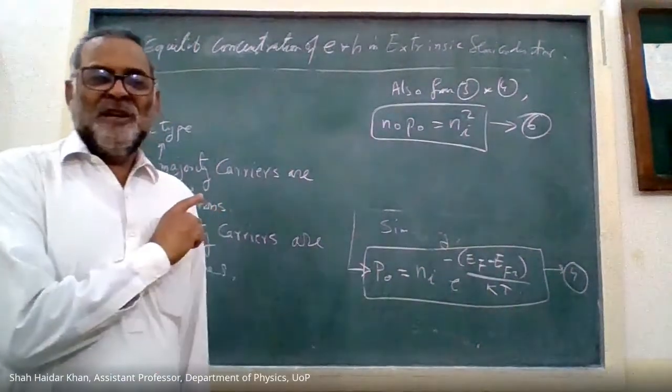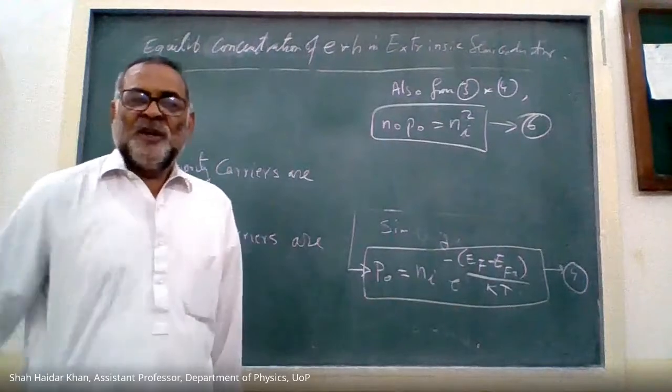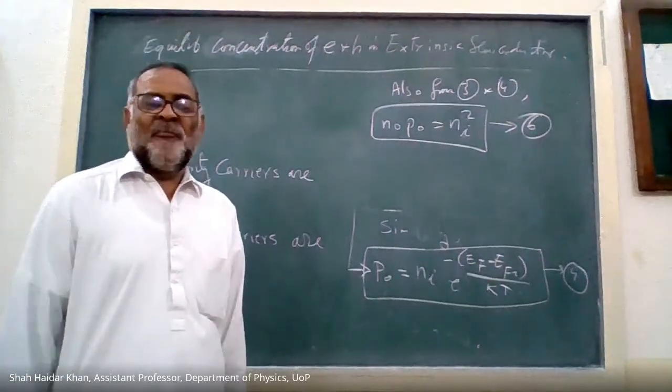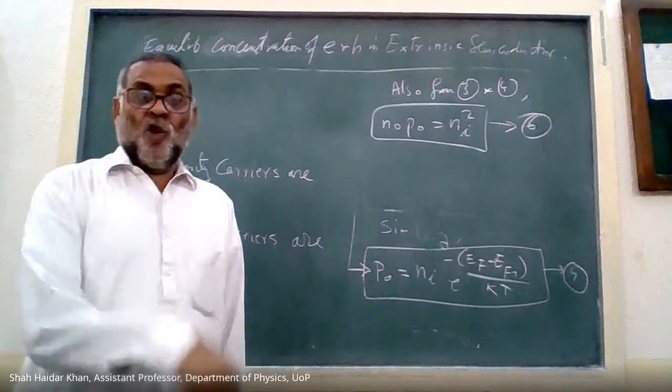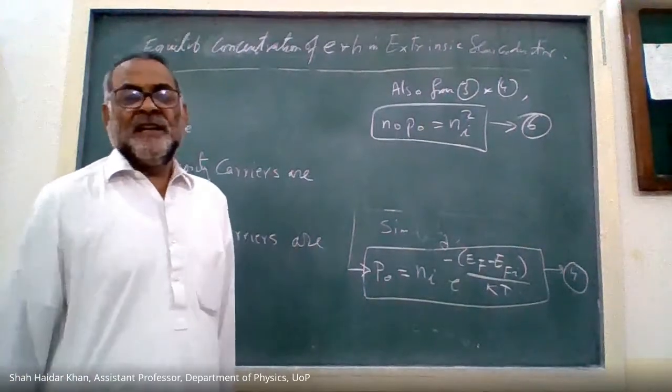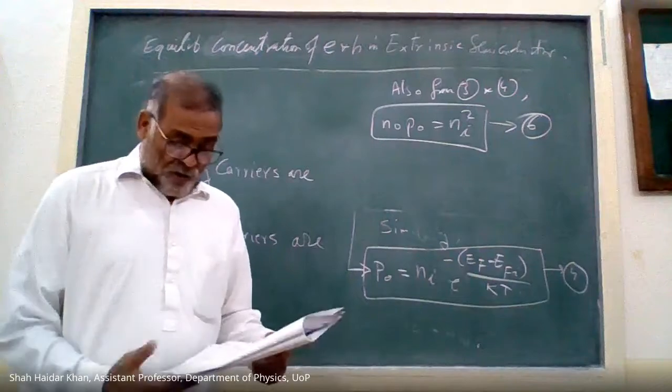In n-type semiconductor, majority carriers are electrons, minority carriers are holes. In p-type semiconductors, majority carriers are holes, minority carriers are electrons.